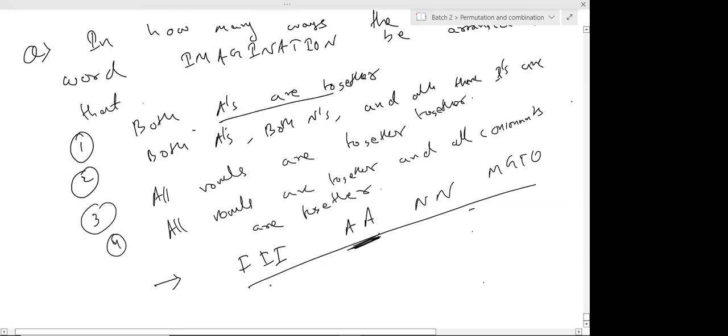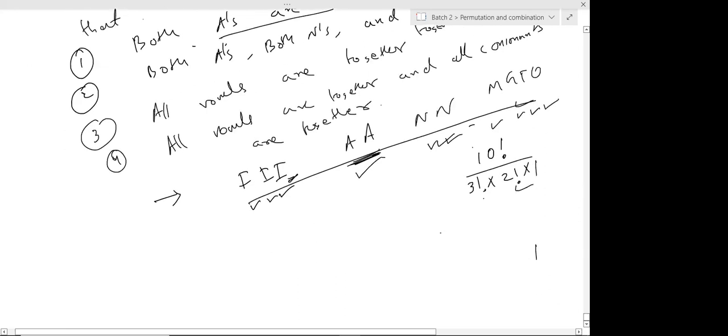How many units are there? 1, 2, 3, 4, 5, 6, 7, 8, 9, 10. So 10 things to arrange, 10 factorial, but 3 things are the same, so divided by 3 factorial. Here 2 things are the same, divided by 2 factorial. Here 4 things are different, so we multiply by 1. This is the answer to the first part.